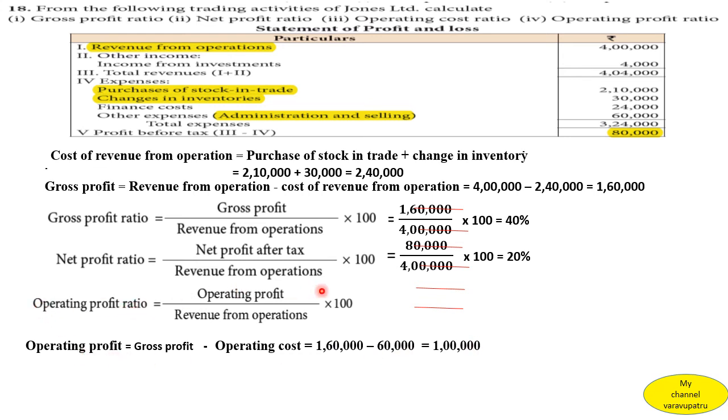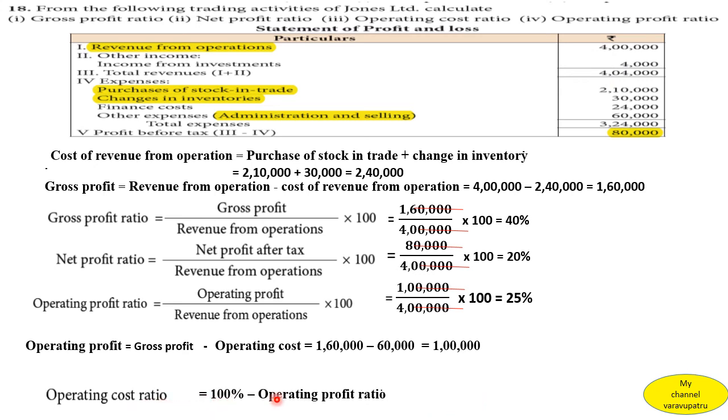Operating profit ratio is equal to operating profit divided by revenue from operation. 1 lakh divided by 4 lakhs into 100 is equal to 25%. Operating cost ratio is equal to 100% minus operating profit ratio. Operating profit ratio is 25%. 100% minus 25% is equal to 75% is the operating cost ratio.